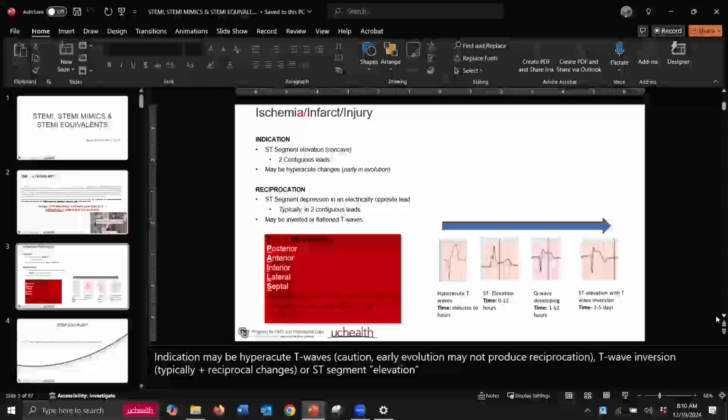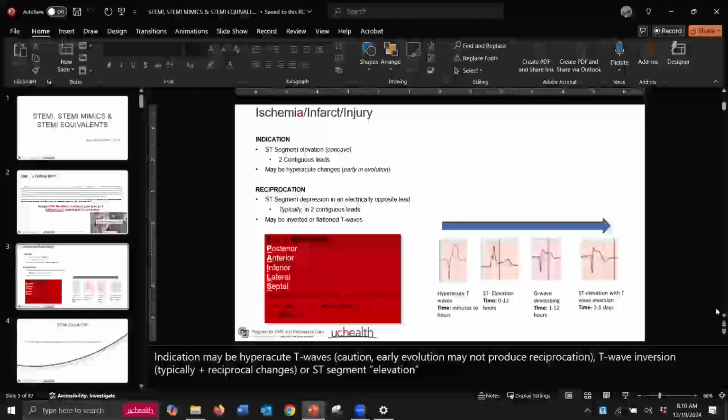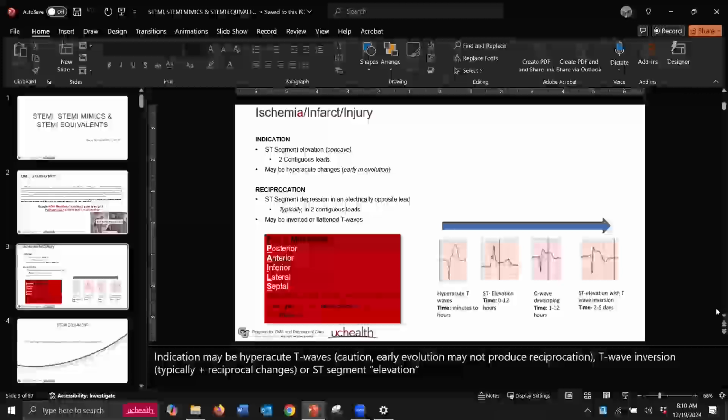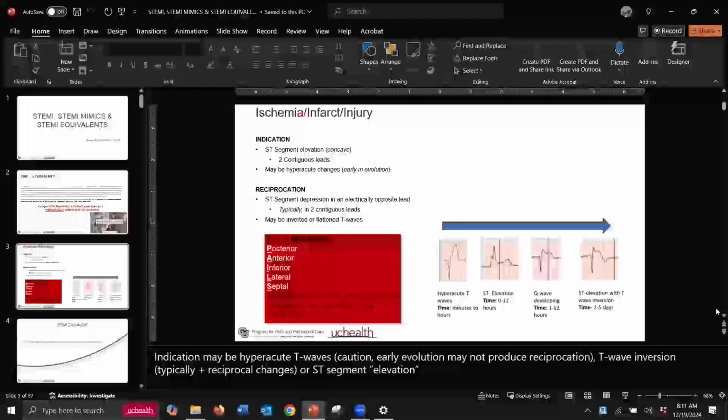So if you have anterior elevation, you look for inferior reciprocation, and those leads would be reciprocal to the anterior leads. Conversely, if you have inferior elevation, you look for reciprocation in the lateral leads, septal, posterior. Just put a picture of that in your mind. That will help us go through our EKG interpretations as we migrate through the day.